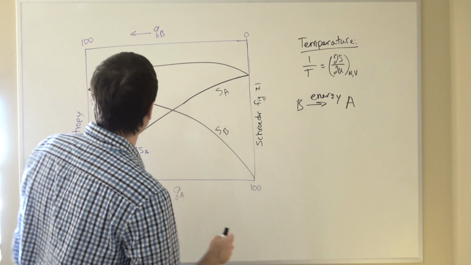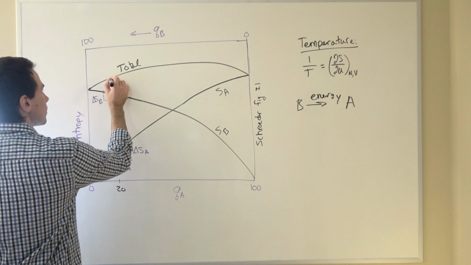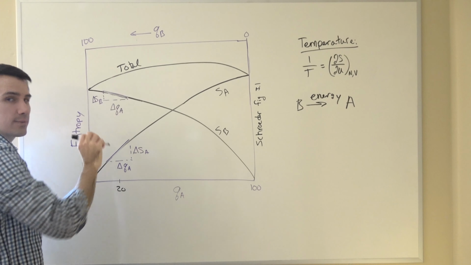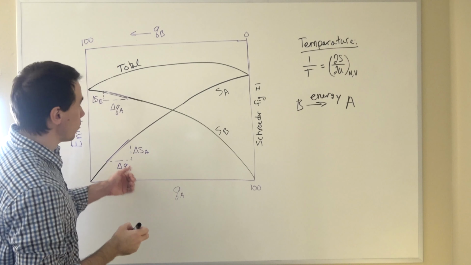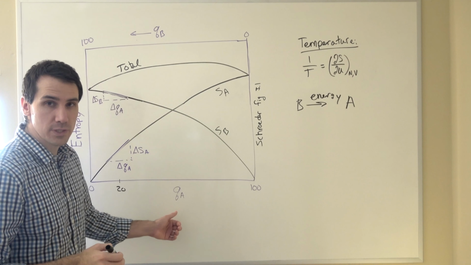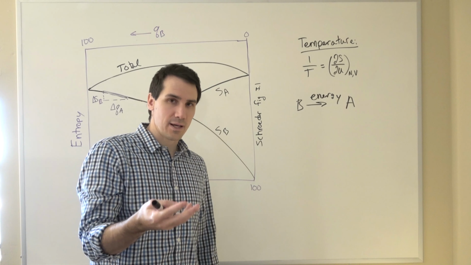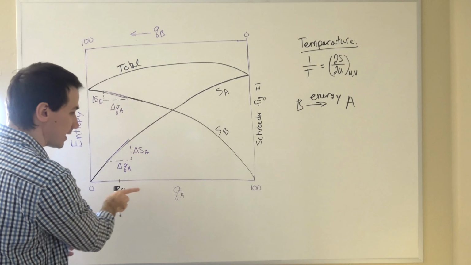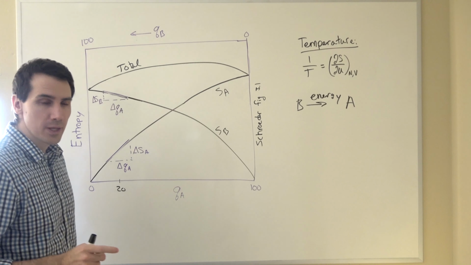Now, step 1, we can look here and notice that the entropy seems to be increasing at this point as QA increases. So our total entropy, we would think, would increase as we send some energy from B to A, as QA gains energy.